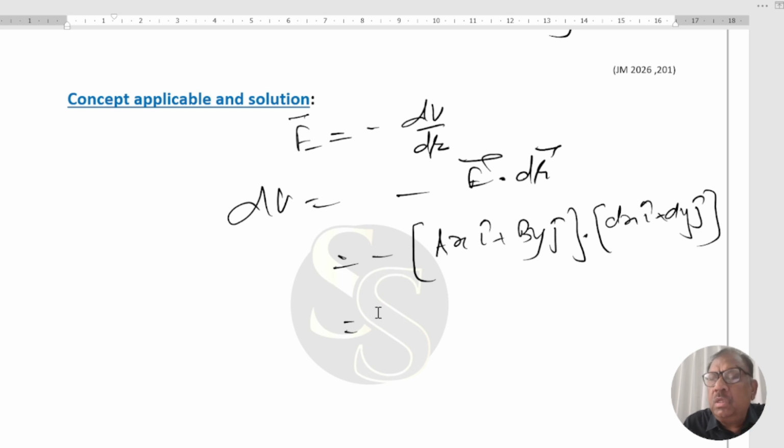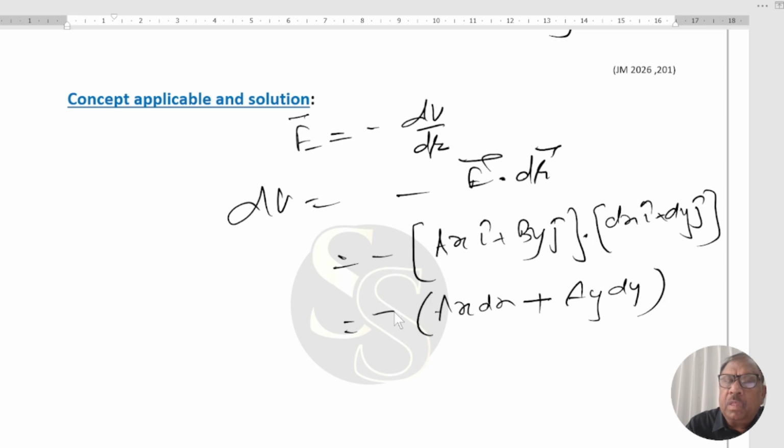On simplification, this comes out to be AX dx plus BY dy with negative sign.